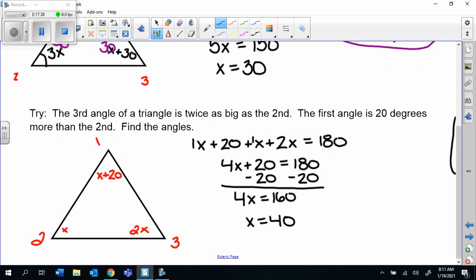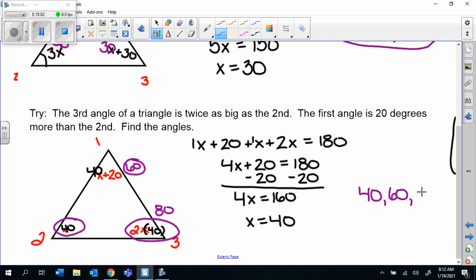And then when we plug it back in, we're going to put a 40 here, a 40 here, and a 40 here. So this angle will be 60. This angle will be 40. And this angle will be 80. 2 times 40 is 80. So these are my three angles. Do they indeed add up to 180? Yes, they do.